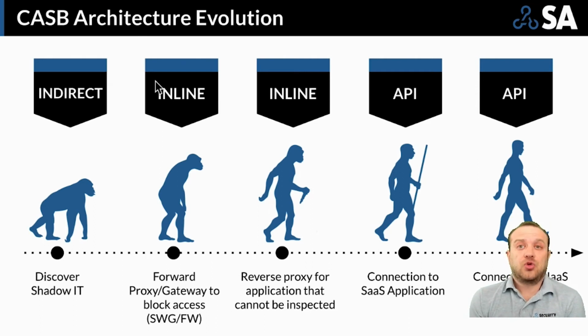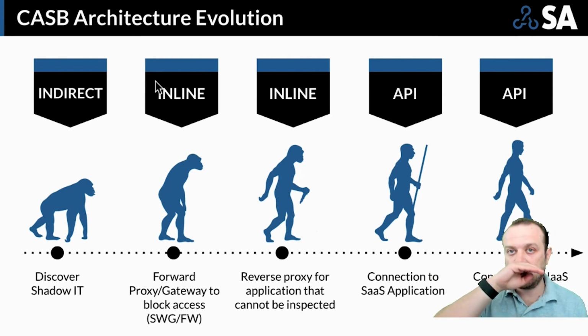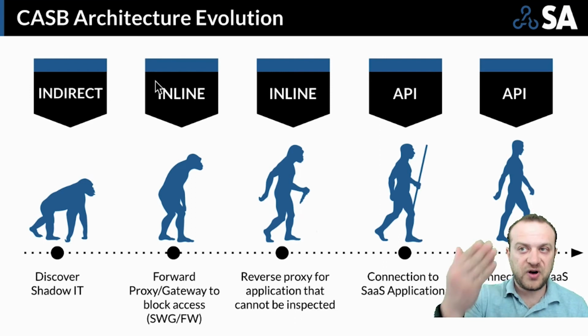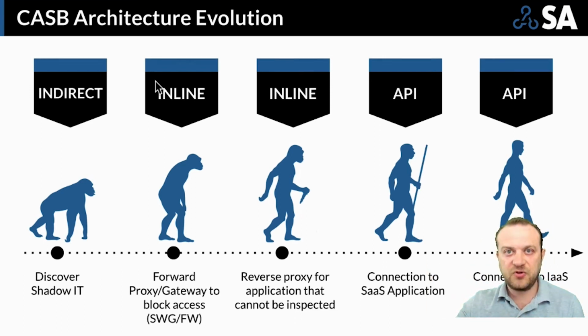What if I just connect to Dropbox from any PC? There's very hard or no way to understand this traffic inline or not inline. This way we use API, almost like a side way, to connect to SaaS applications, Dropbox, Office 365, Salesforce, and many, many more, and do the inspection like this. If I upload a file to Dropbox, my CASB provider goes to Dropbox right away and analyzes my file.